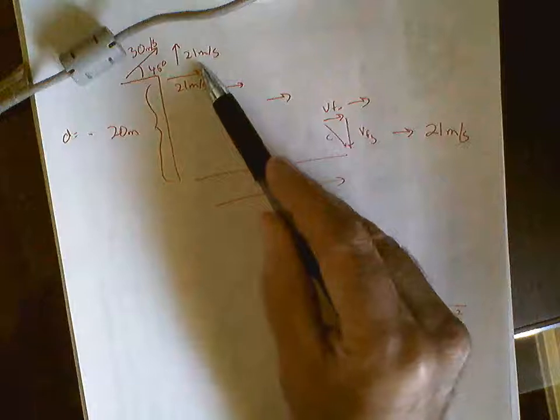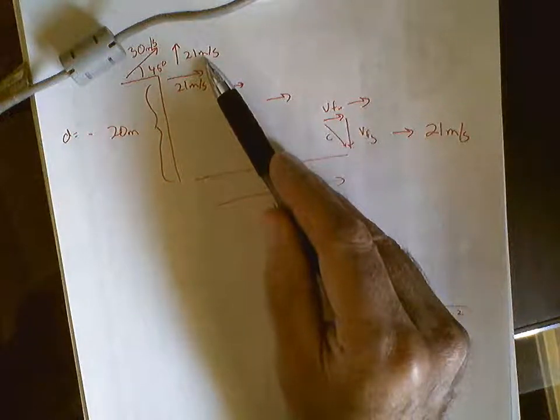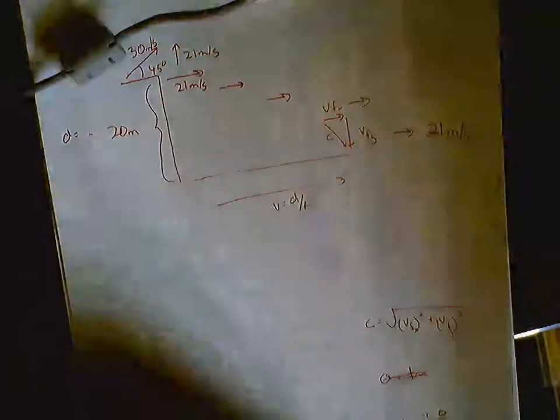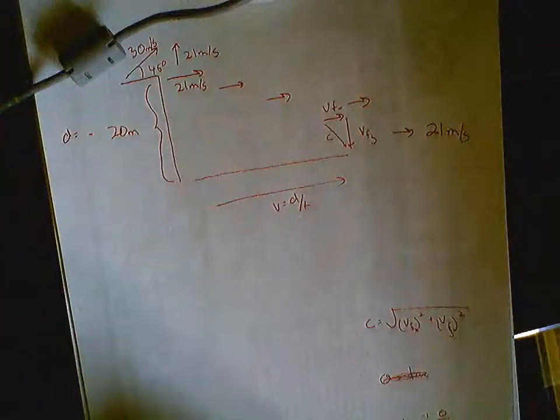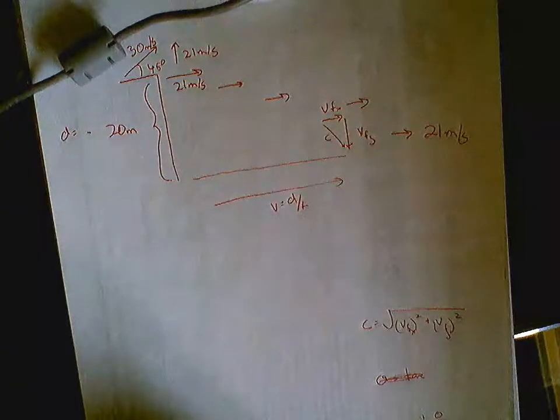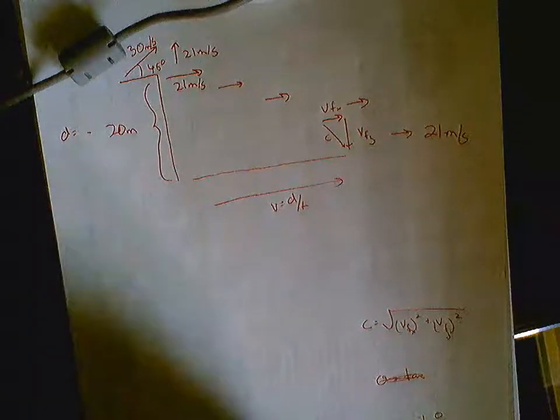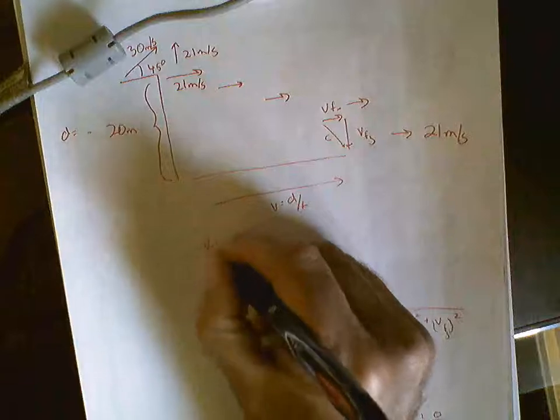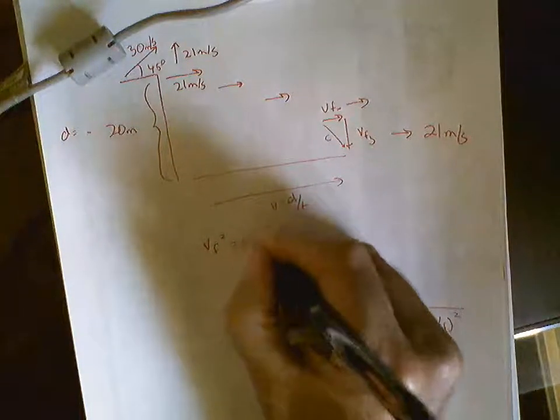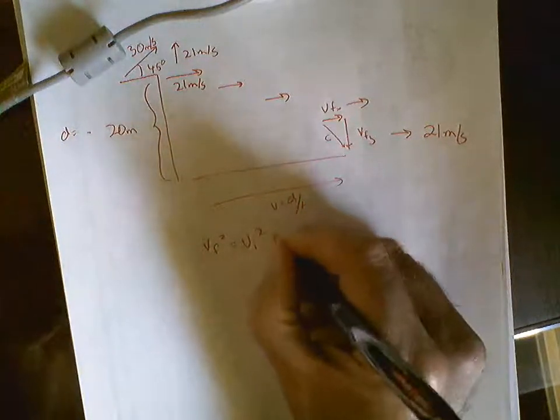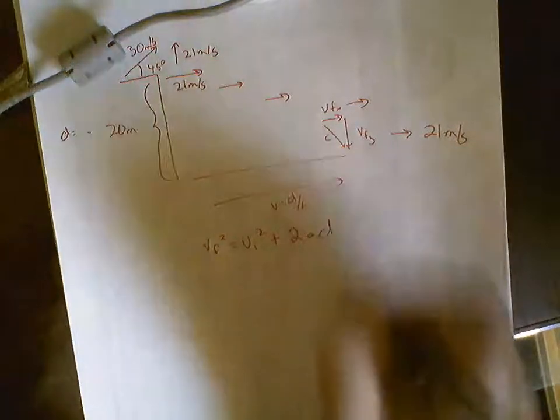Due to gravity, this is going to slow down to 0. Okay, so it's very important to note that. So in the y direction, when it gets to the top, it's going to be at 0. Let's see what type of questions we can answer here. We can do VF squared equals VI squared plus 2AD.